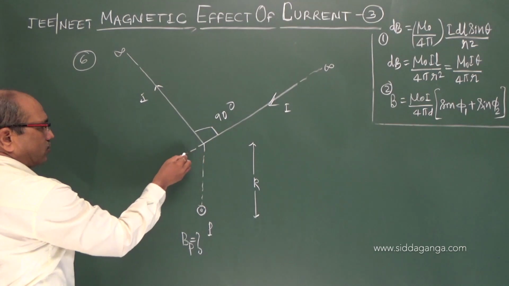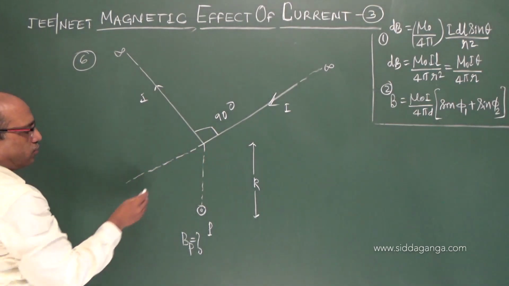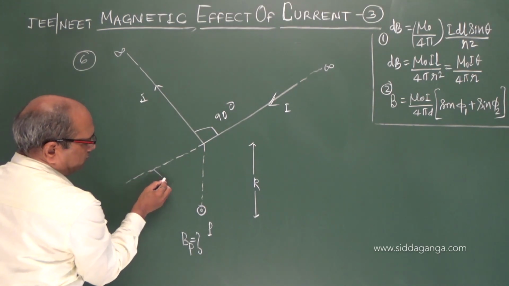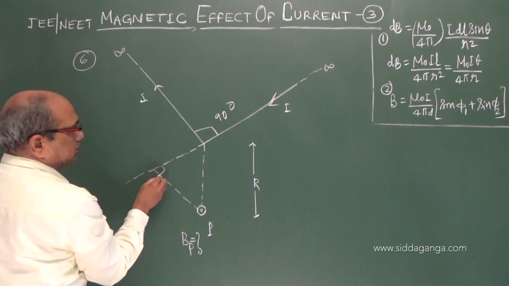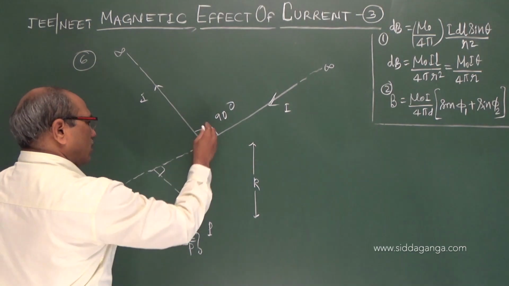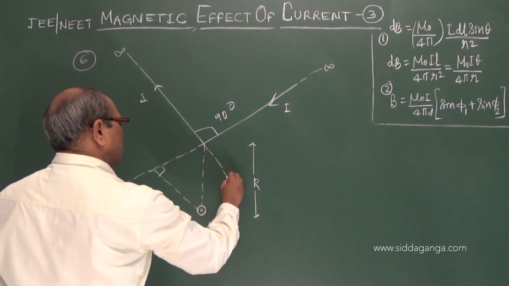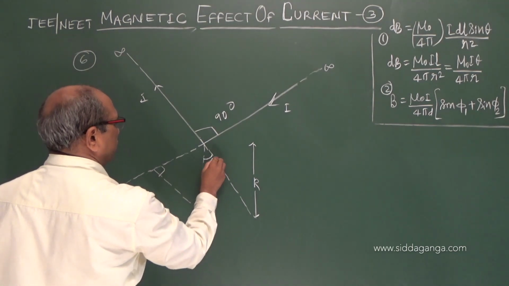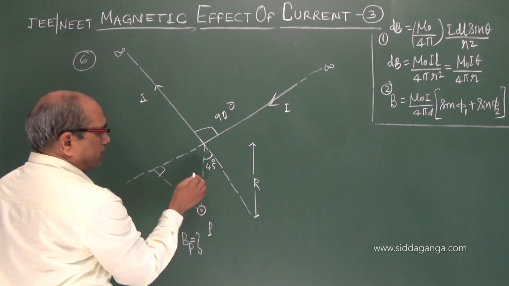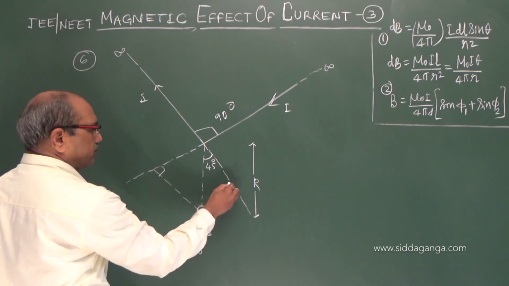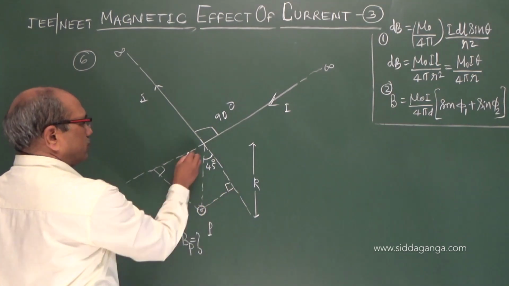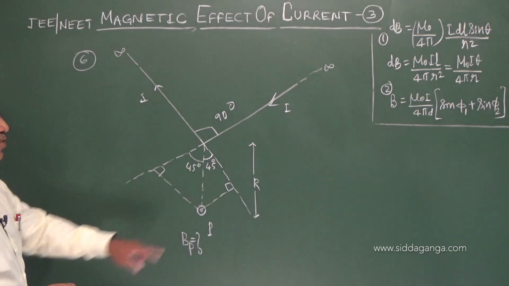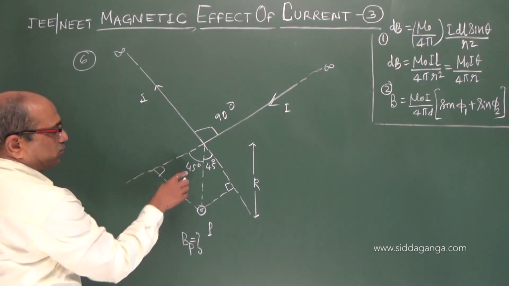If we extend this one and drop a normal from here, this is 90 degree. And if we extend this, they given this as 45 degree. And here if I drop the normal, this also becomes 45.